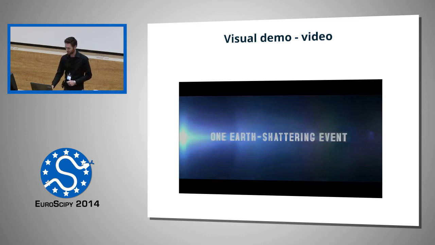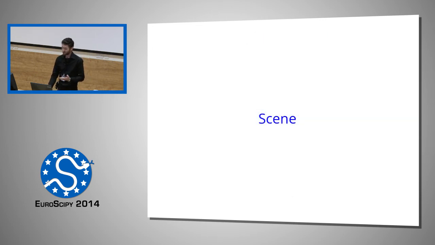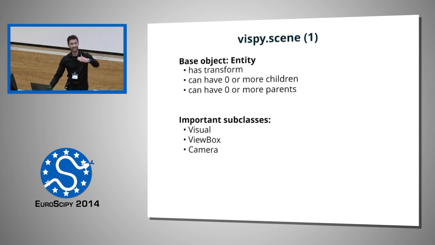So that's the visual. The scene graph, or the vispy.scene, is then the next layer on top of that. Or basically it extends the functionality of visuals. That's maybe a better way to describe it. Some of you might know what a scene graph is. The concept between different scene graph implementations is quite similar.